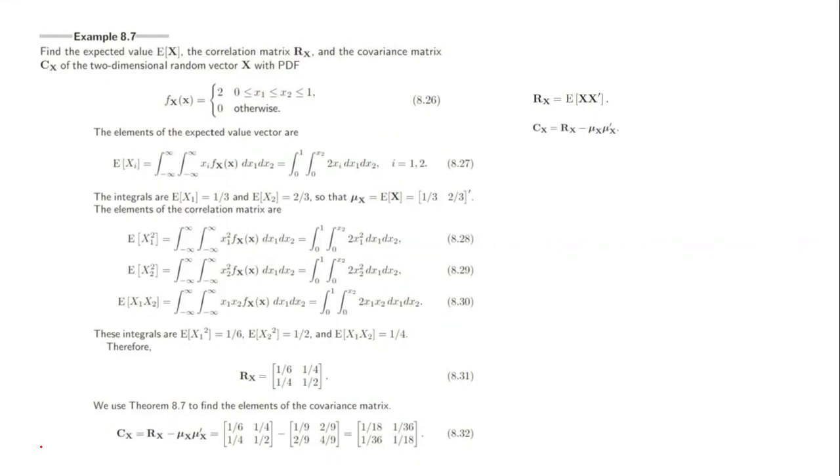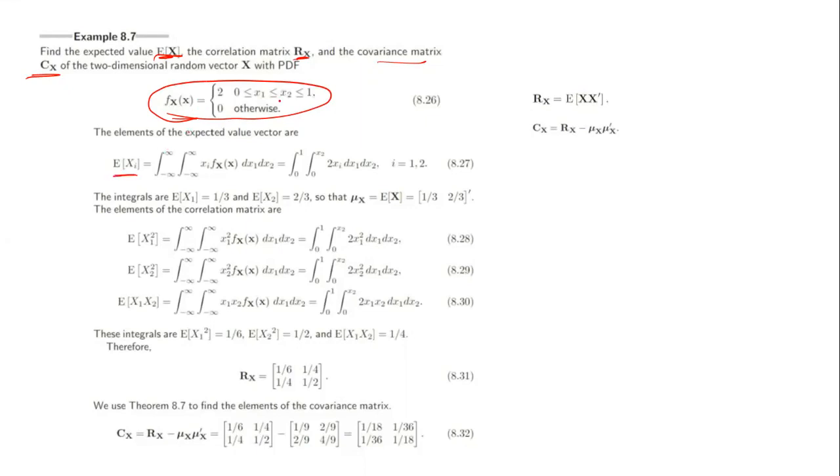The joint PDF is given, and the expected value, correlation matrix and covariance matrix, two-dimensional of course, should be determined here. Here is the joint PDF, sorry. As you can see, we always start with the joint PDF. If the joint PDF is known, then we can calculate all other parameters. If it is not known, then it's quite difficult to calculate other parameters.